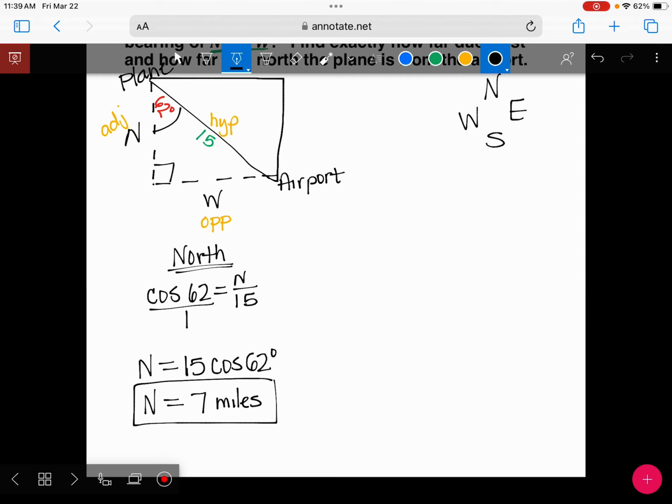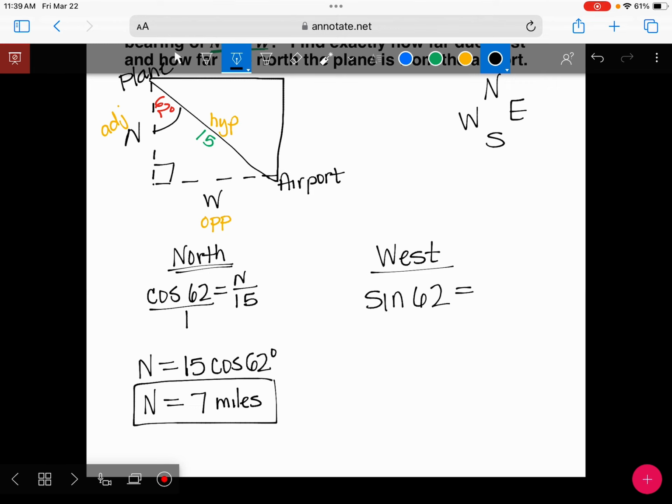So I think you're doing the other one. So to find west, what trig ratio am I going to use to find the west? Because the west is opposite in the hypotenuse. So we're going to use sine to find the west.